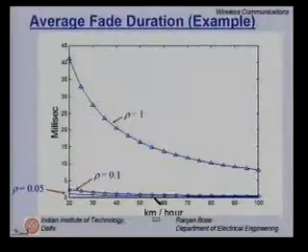There is not a significant impact of the speed of the vehicle on the average duration of fade for low values of rho. It is more pronounced when rho is 1 or greater. So, these will translate to your design issues.